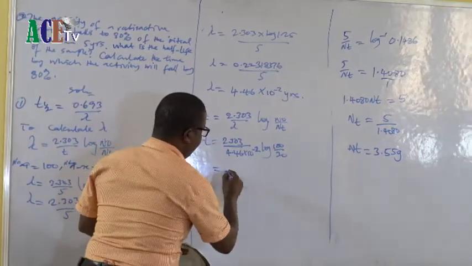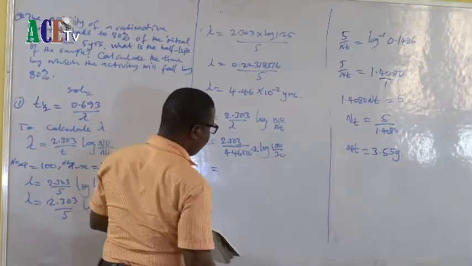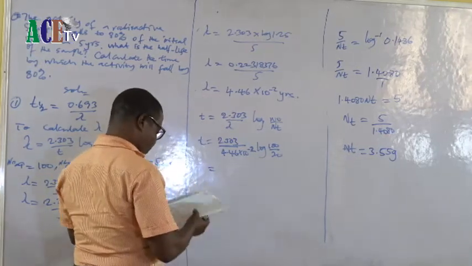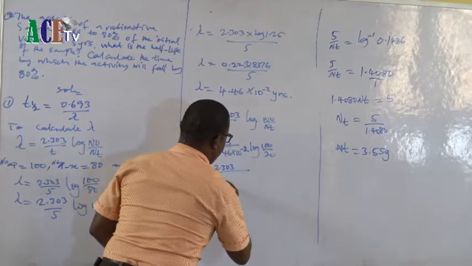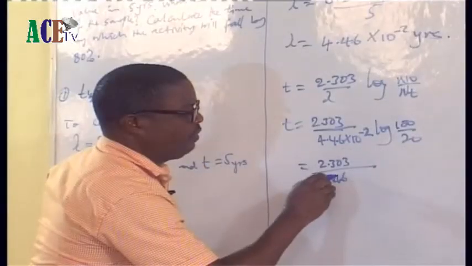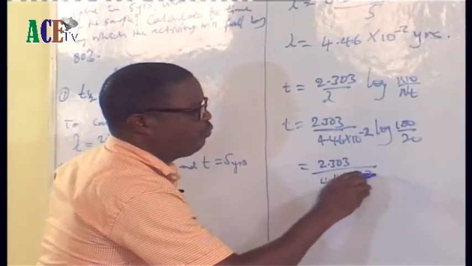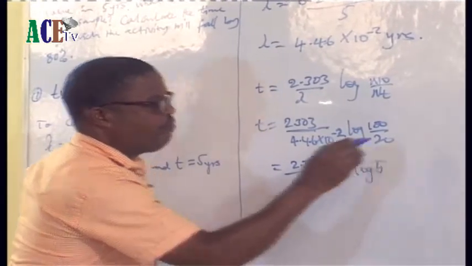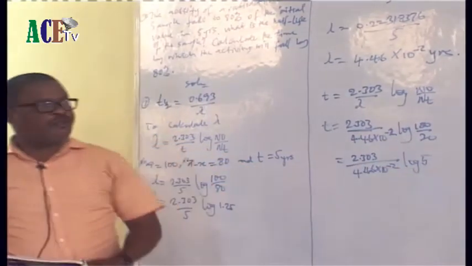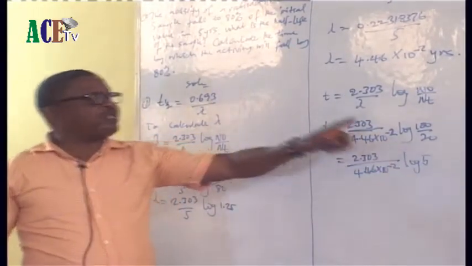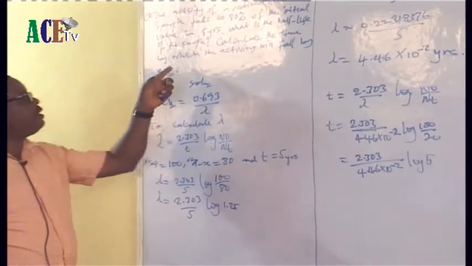So that's going to be 2.303 all over 4.46 times 10 raised to the power minus 2 logarithm of 5. 100 divided by 20 is 5. We obtain this 20 by subtracting 80 from 100.